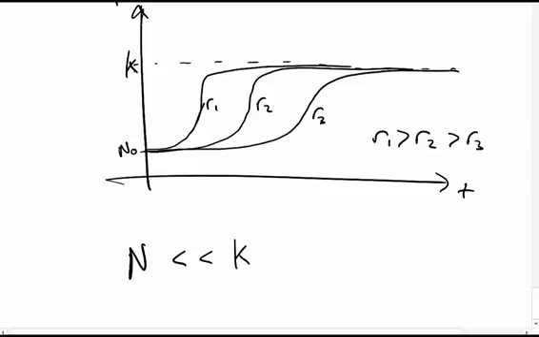So the population grows in a linear way if it is small enough compared to the carrying capacity. That's a useful thing to remember, and you can exploit it to estimate the linear growth rate in a population modelled by the logistic growth model. Hopefully that makes a bit of sense.